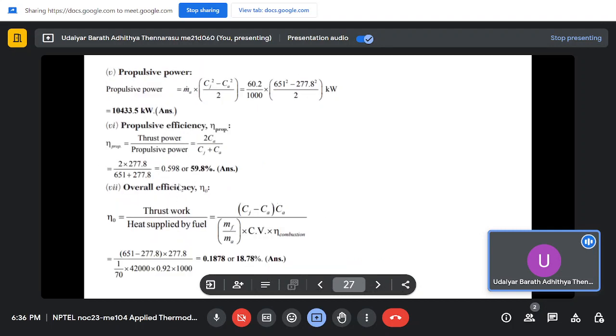So we can find out overall efficiency by multiplying propulsive efficiency into thermal efficiency. The other way around to calculate is thrust power divided by heat supplied by fuel. Substituting those values, it will come out to be 0.1878 or 18.78%. So this is the same as propulsive efficiency into thermal efficiency.